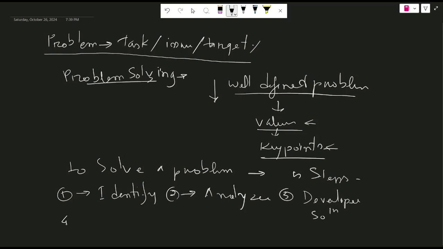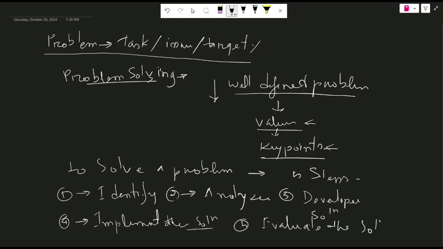So first you identify the problem. Second, you analyze it: what is the problem? Then third, you develop a solution. After developing the solution, you have to implement it. The last step is to evaluate the solution.